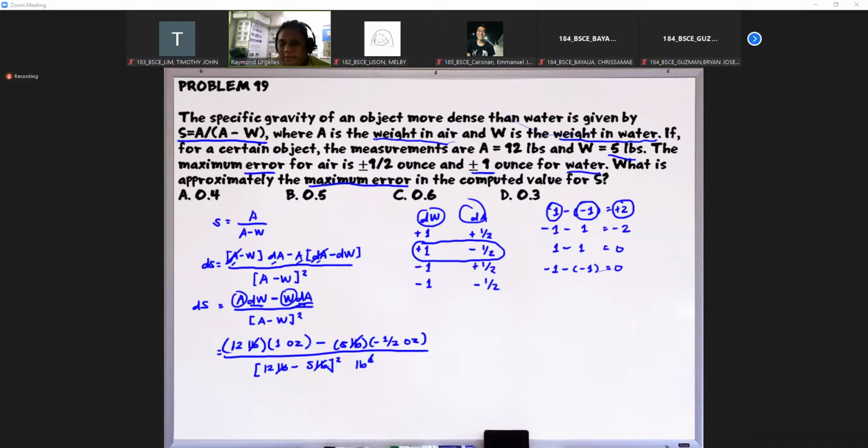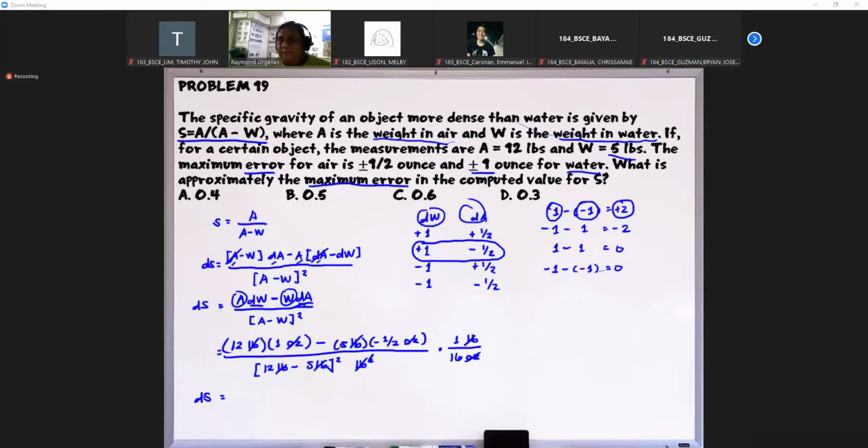Therefore, we need to convert this so that we are consistent with the units. What is our conversion? We have 16 ounce per pound, so we have 1 pound divided by 16 ounce. Then ounce will cancel and pounds will cancel, so this will be dimensionless.